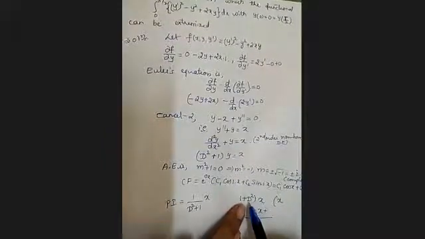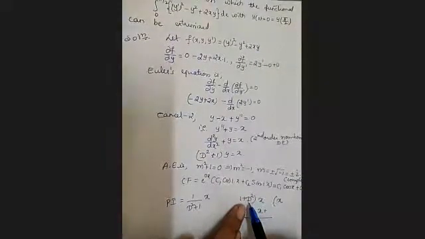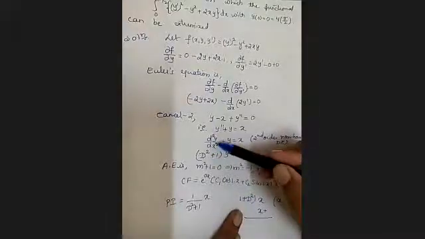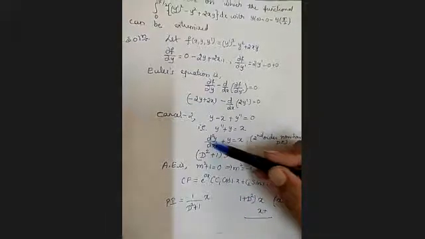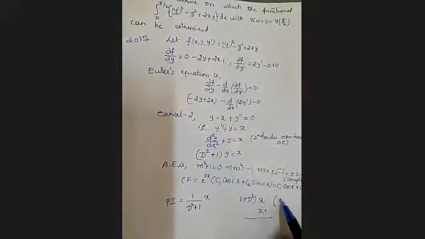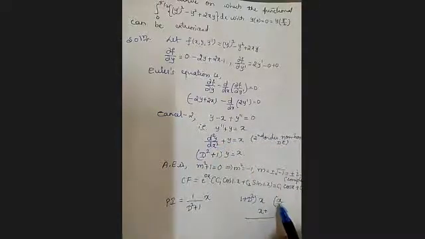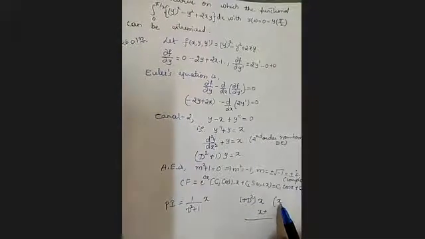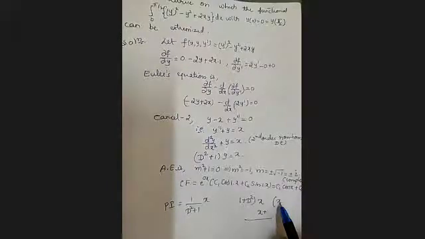What is the meaning of D square? D square is nothing but d square y by dx square, the second order derivative of the quotient you have taken. What is the first order derivative of x? If you differentiate once, you get 1. Derivative of x with respect to x is 1.